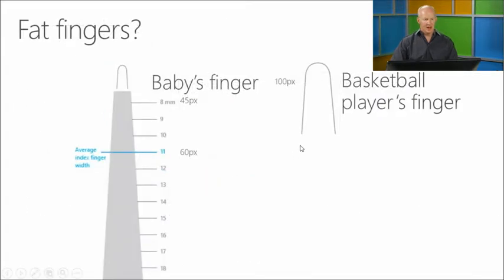Okay. Now this is kind of interesting. This is comparing the size of a baby's finger at 45 pixels versus, let's say, a basketball player's finger that's like 100 pixels. And the average being 60, there is a spectrum there, and it's really going to depend on whether maybe you're creating a children's game, or an app for a specific audience, like basketball players. Yeah, exactly.